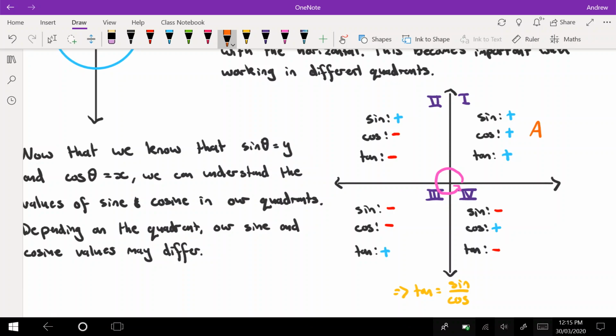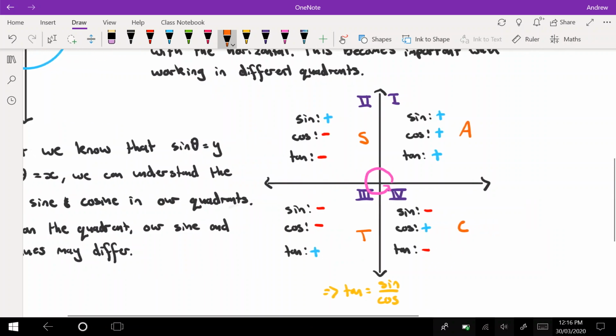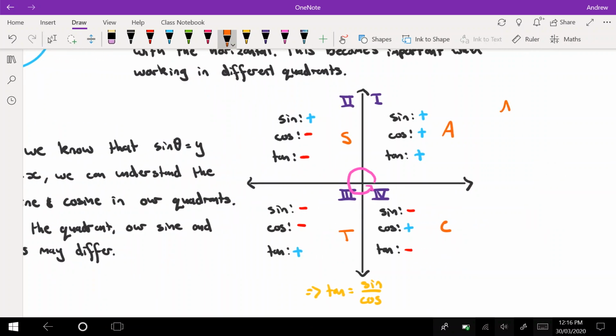All ratios are positive in the first quadrant. Sine is positive in the second quadrant, tan is positive in the third quadrant, and cosine is positive in the last quadrant. All stations to Cottesloe.